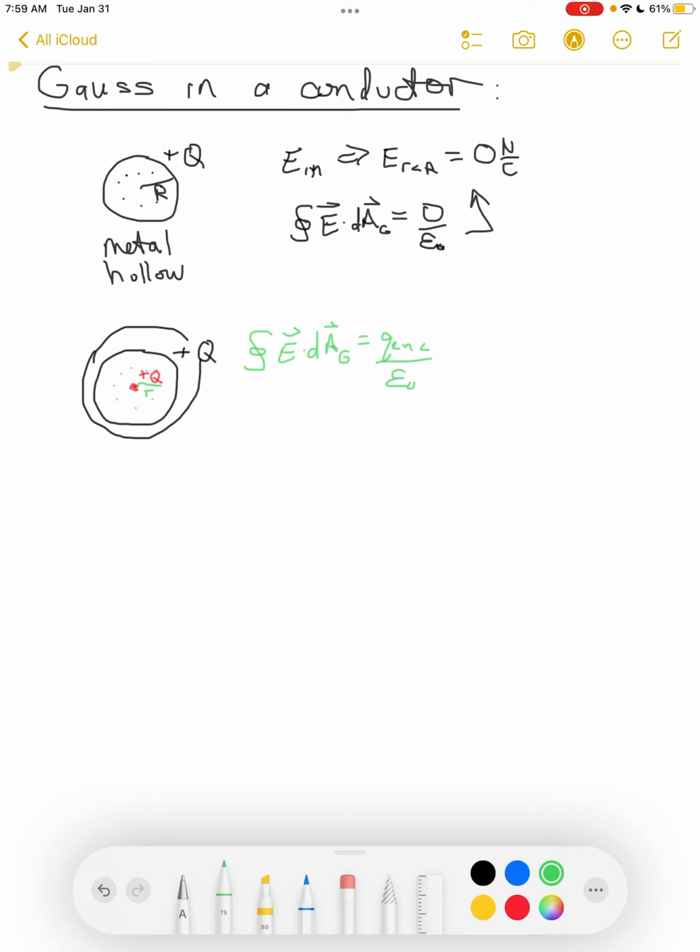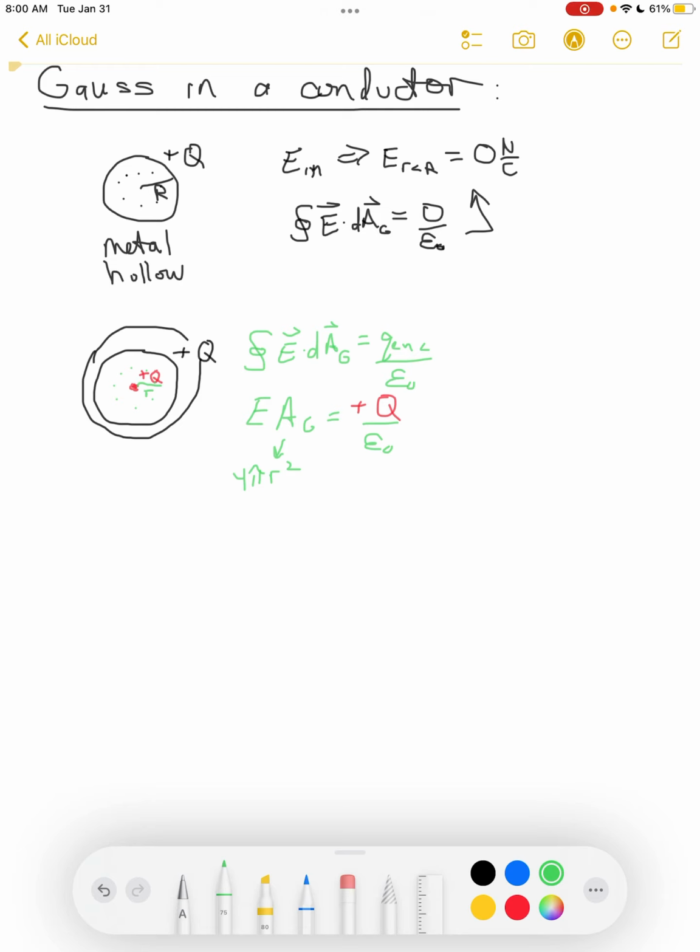And so the dot product comes out, and you end up with EA equals, we already know the Q enclosed here is positive Q, over epsilon naught. And then, of course, your area is just a spherical surface area, 4 pi r squared. You can rearrange this and you get your answer. Not a big deal. That math is very easy.